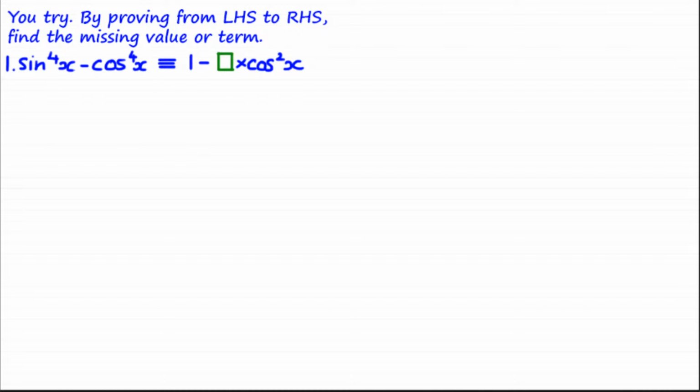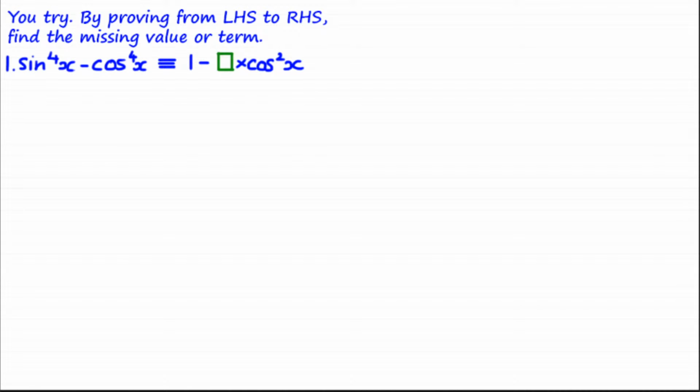Let's see who's got this. Who has got this? Let's see who's able to give me that missing value we're looking for. So remember, I have a plan.